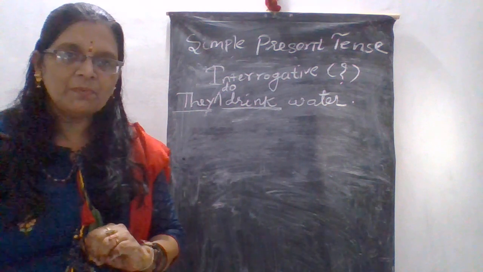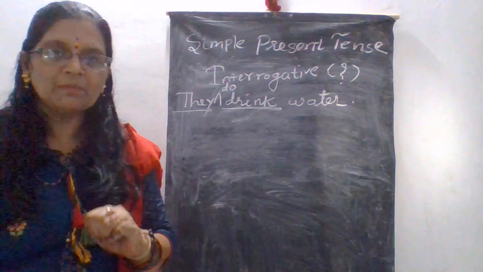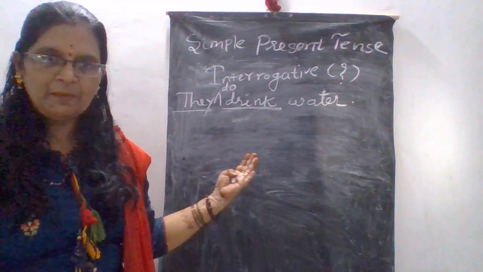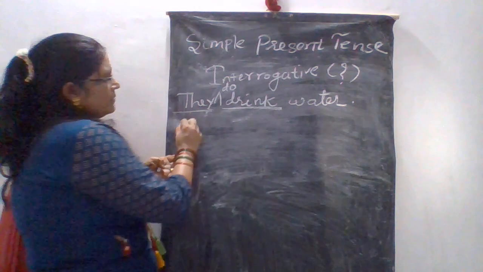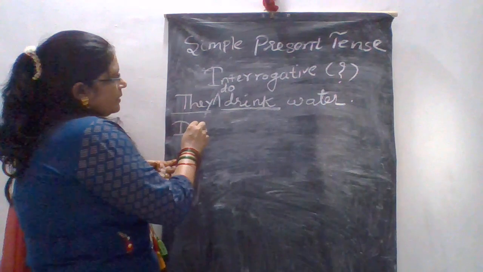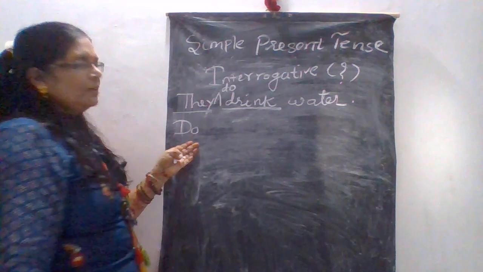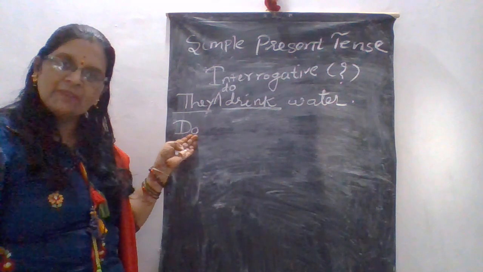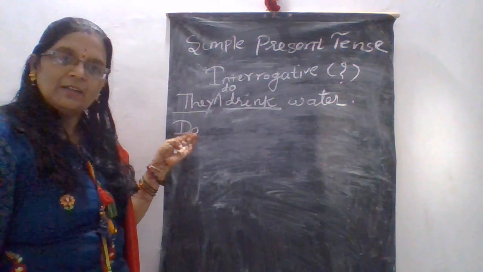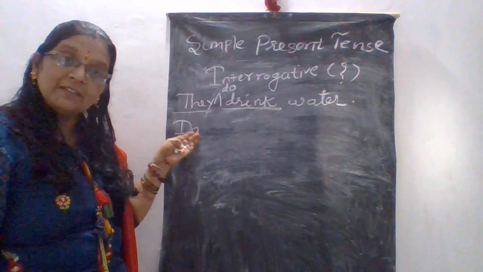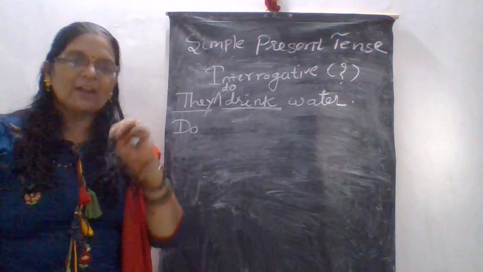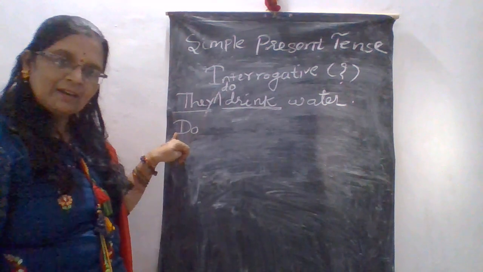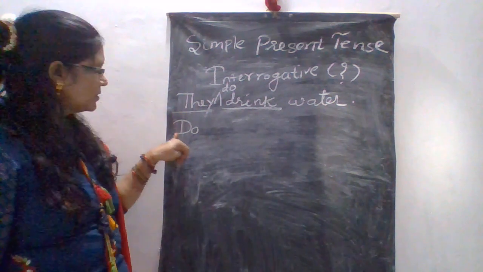So we got our helping verb. Now we are ready to make a question, because we are making an interrogative sentence by using a helping verb. Take do at the beginning, at the starting position, and the first letter should be capital.